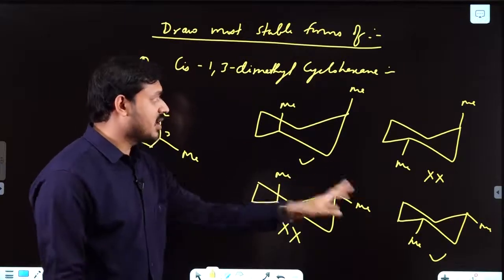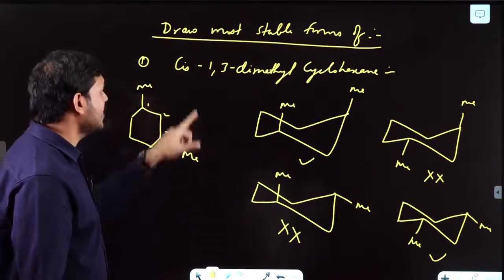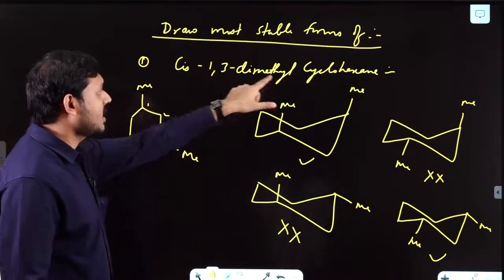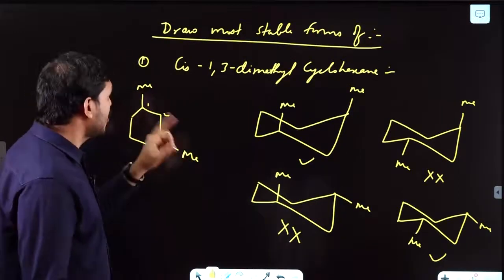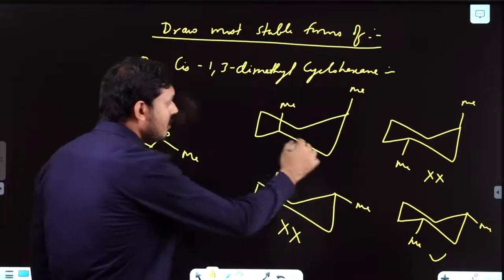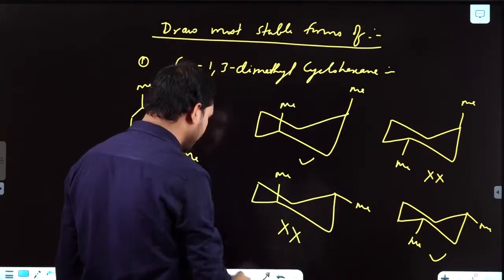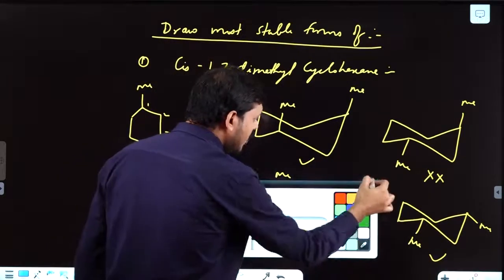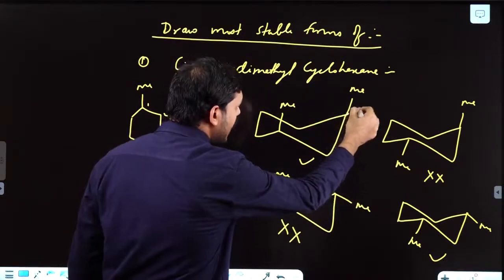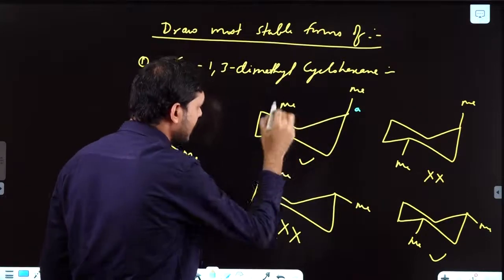Among these two cases, now you have to consider which will be the more stable, because you have not been asked to calculate for 1,3-dimethyl-cyclohexane in general. You are asked the most stable form of cis 1,3-dimethyl-cyclohexane. So among these two, because this is cis form and this is cis form, okay, this is trans, this is trans. So among these two, just look at this. This is axial and this is axial.